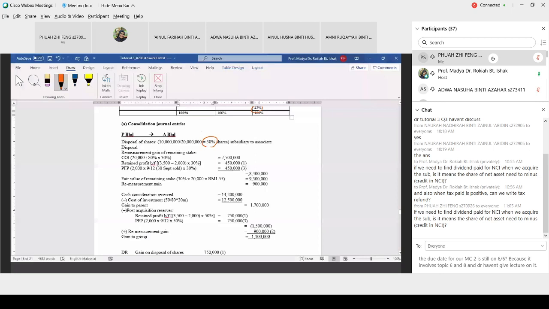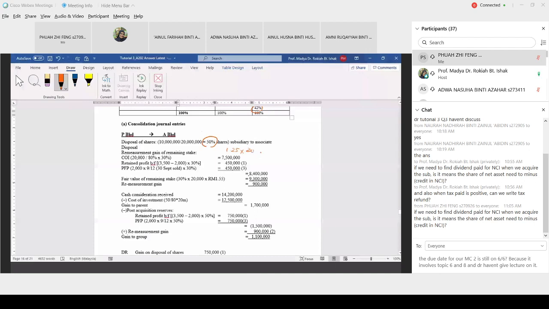During that time, the value here is 1 ringgit 25 times 20. So you're going to have 25, or you can calculate it like this: 20 divided by 80%, equal to 25.